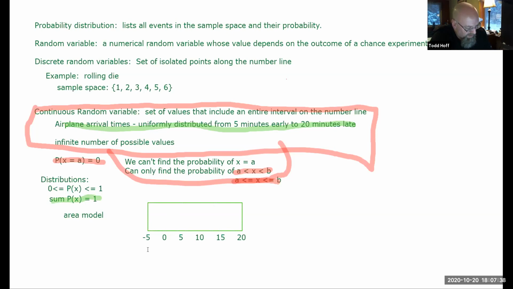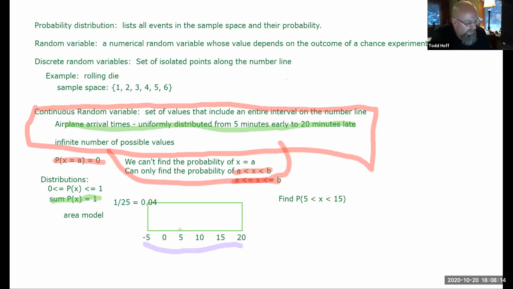So the length here from -5 to 20 is 25 units. So this height here has to be 1 divided by 25, or 0.04. So since we know that that's 0.04 tall, we can use that to find probabilities. Find the probability that we are between 5 and 15 minutes late, so that x is between 5 and 15.